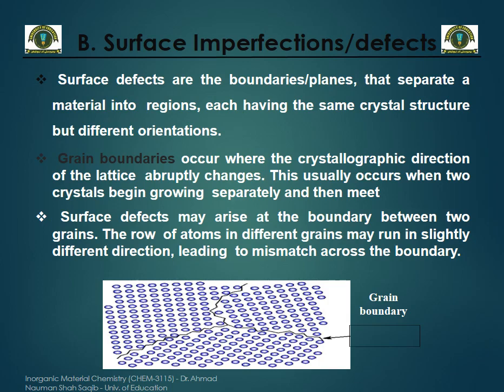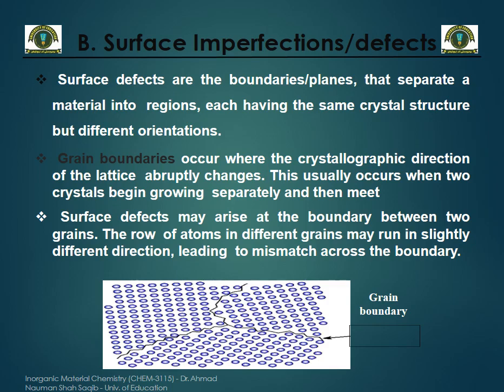And now we discuss the second type of crystal defect, which is surface imperfections or surface dislocation, and you can also say surface defects. As the name indicates, those defects that occur or are shown at the top of the crystal, at the surface of the crystal.